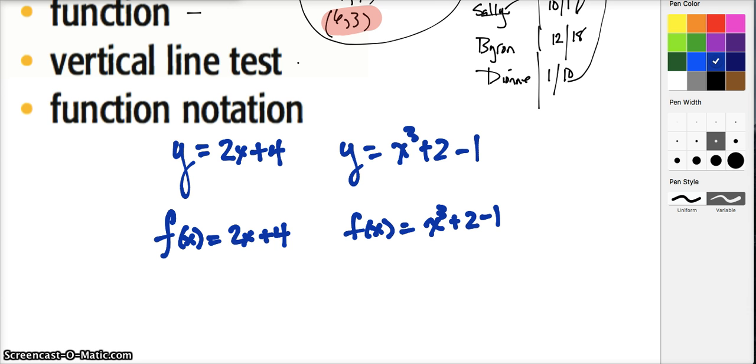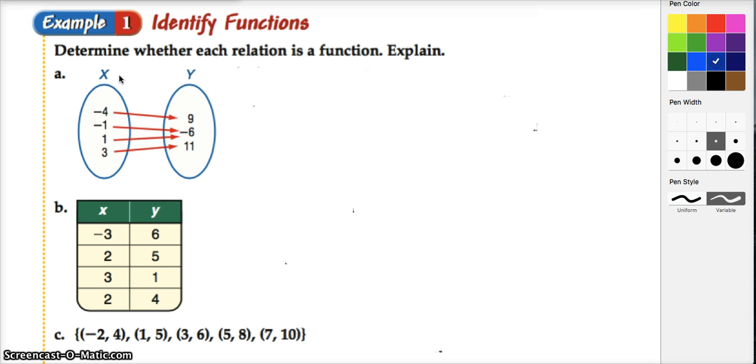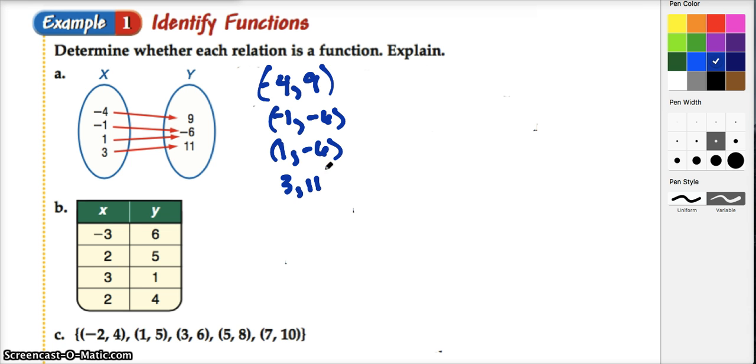So let's go ahead and start taking a look at some examples now. First thing we're going to do is determine whether each relation is a function, and we're going to talk about that in reference to just looking at the mapping. Here we've got a mapping where -4 is being joined with 9, and -1 goes to -6, and 1 goes to -6, and 3 goes to 11.